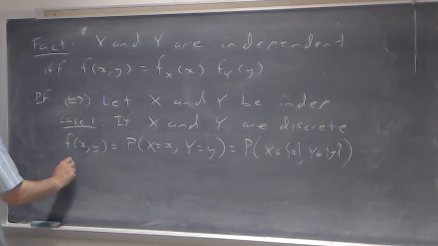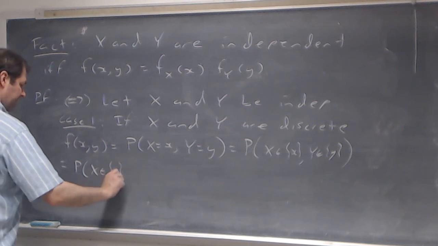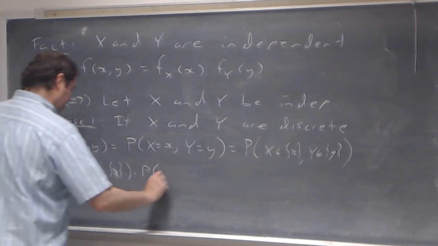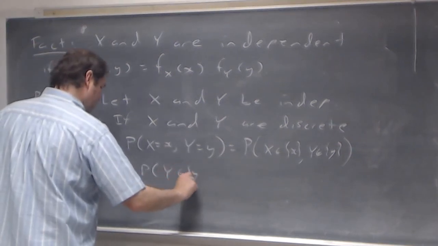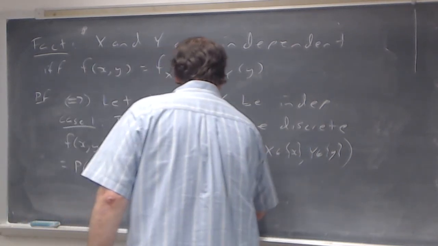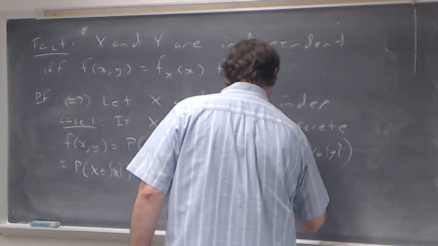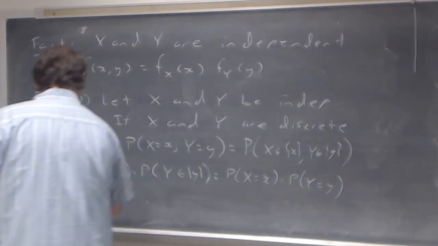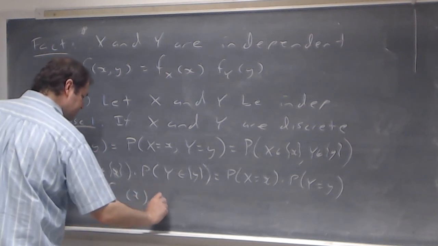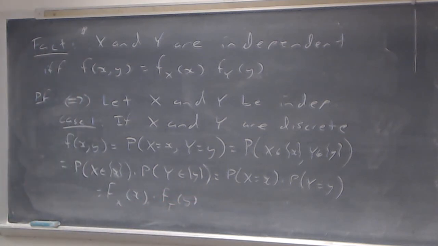And by our first definition for independence, that's the probability that x is an element of the singleton x times the probability that y is an element of the singleton y, which is equal to the probability that x equals little x times the probability that y equals little y, and that's equal to the probability mass function of x times the probability mass function of y. So in case one, we have the result we were looking for.